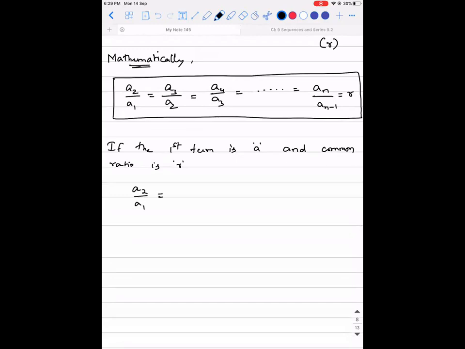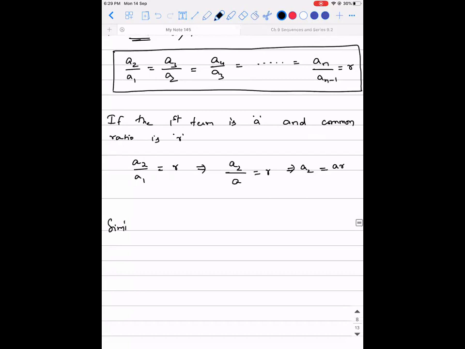we know that A2 by A1 is R. Am I right? The first term is A, so A2 by A is equal to R, which implies A2 will be equal to AR. Accepted? Similarly, the third term by the second term is also R. A3 by A2, what is A2?